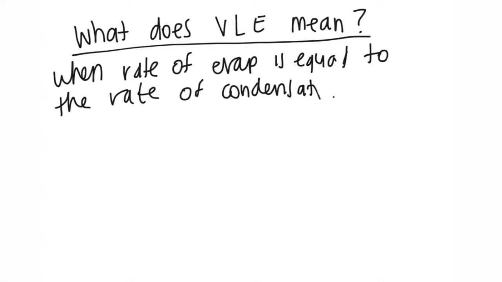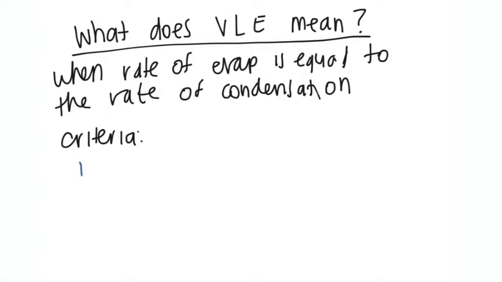Up until this point, there's a few other criteria which I'm going to add to this list when I'm talking about fugacity and things like that. The criteria in order to be in VLE are as follows.